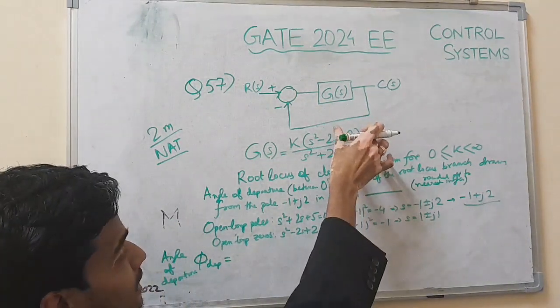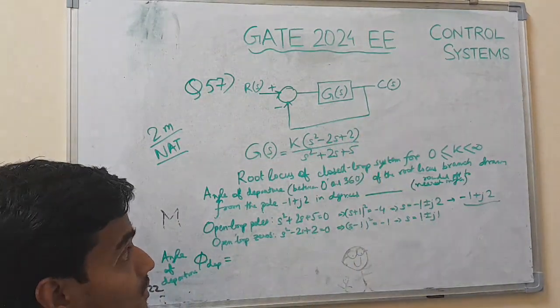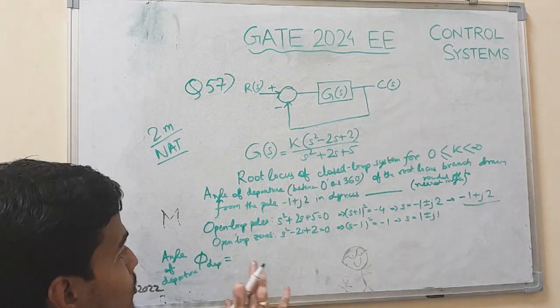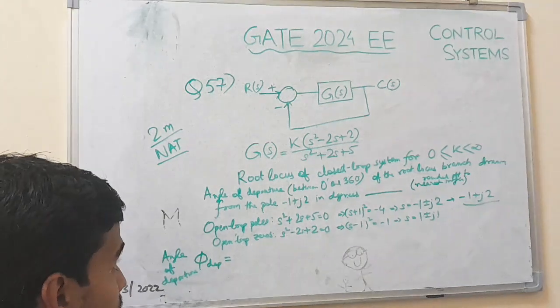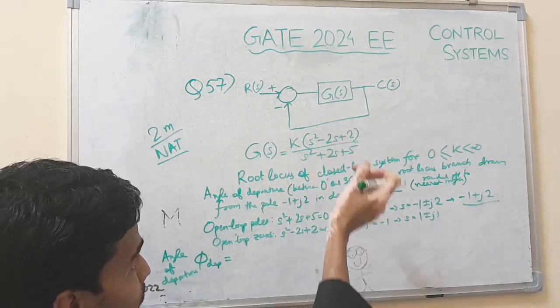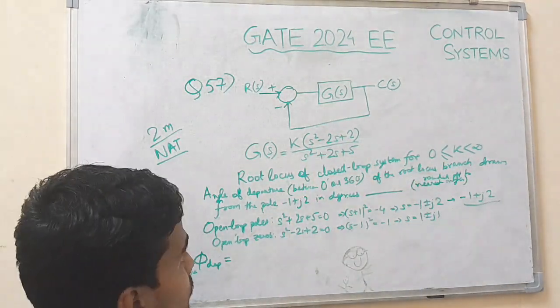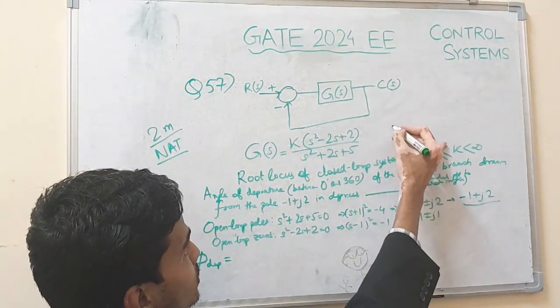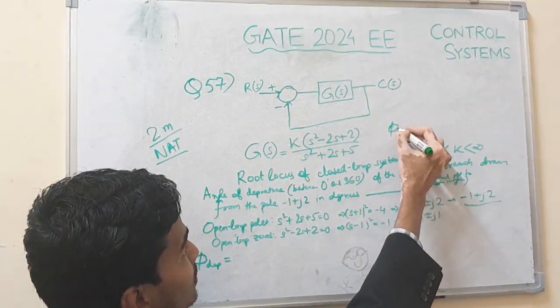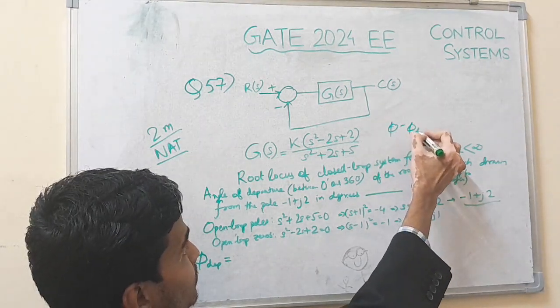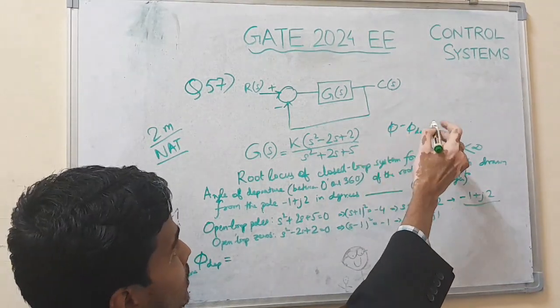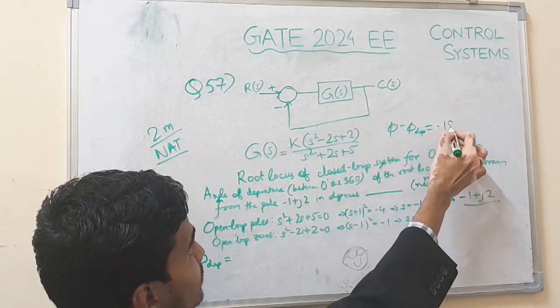As we know, the contribution from all poles and zeros at a root locus point will sum up to -180 degree. So if you want the contribution of any particular pole, the contribution of the other poles, let's say phi c, minus the contribution of that pole, say phi departure, should be equal to -180 degree.